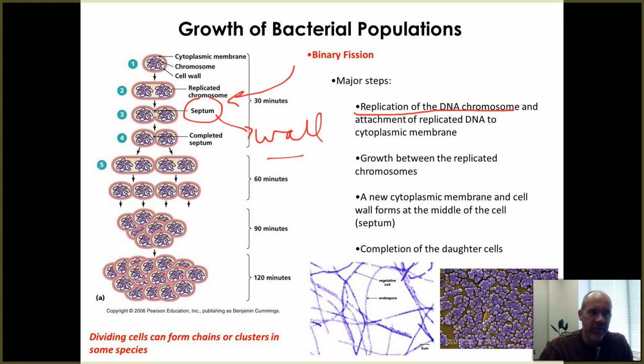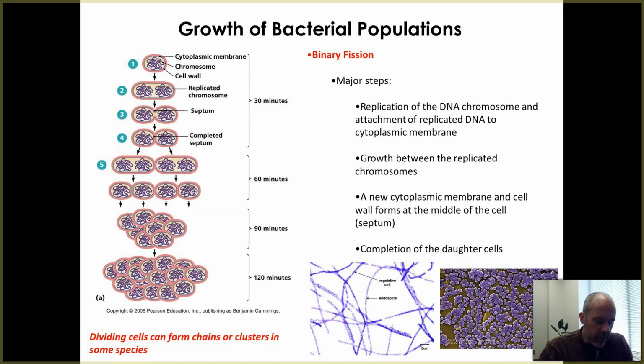Once those two cells are completely separated, you now have two daughter cells. So one parent cell becomes two daughter cells. Then each of those daughter cells can now undergo cell division. And so 2 becomes 4, and then 4 becomes 8, and then 8 becomes 16.